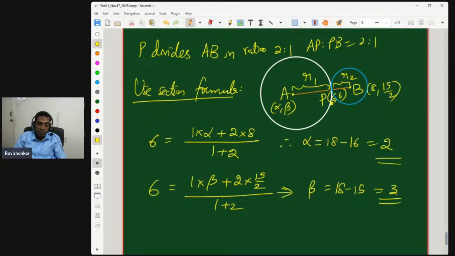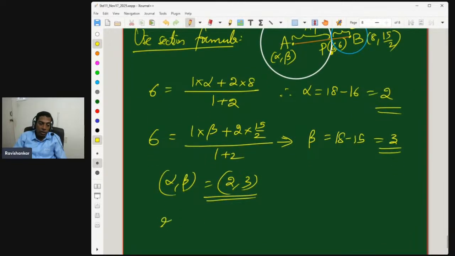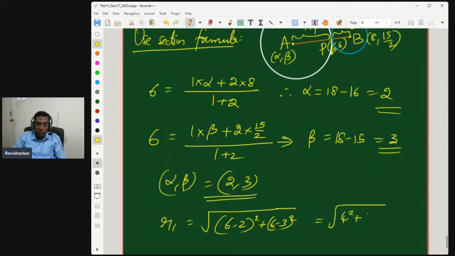So alpha comma beta is (2, 3). Now we are ready to find R1. R1 is root of (6 minus 2) whole squared plus (6 minus 3) whole squared. Distance formula. So root of 4 squared plus 3 squared, which is 5.